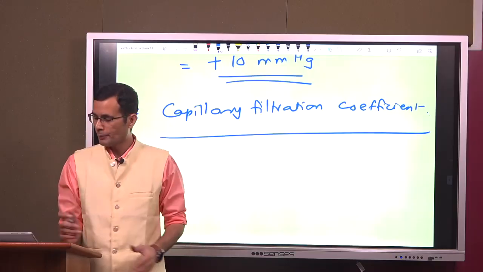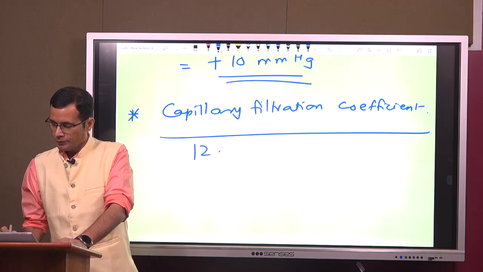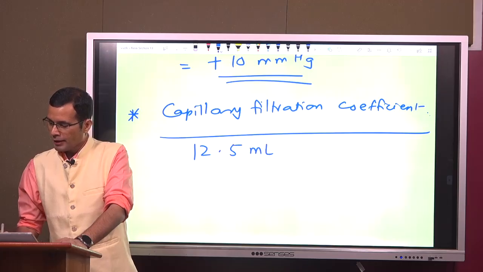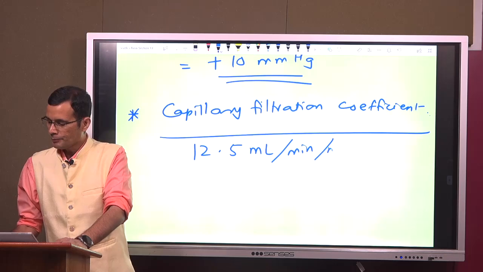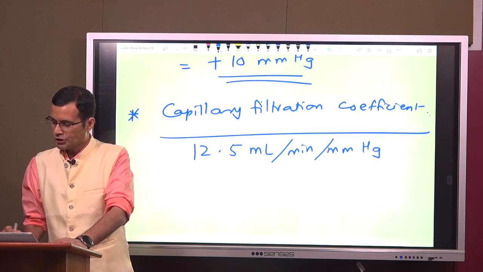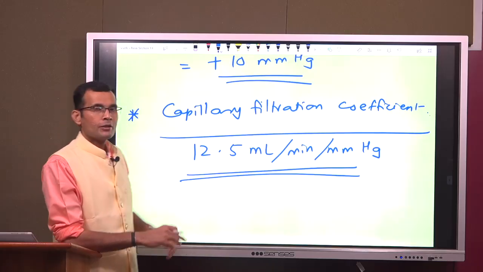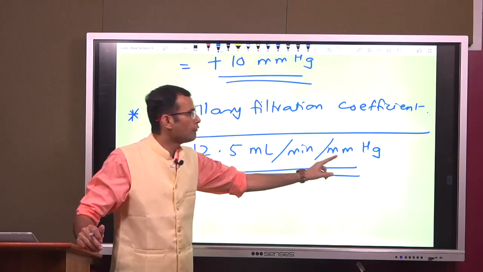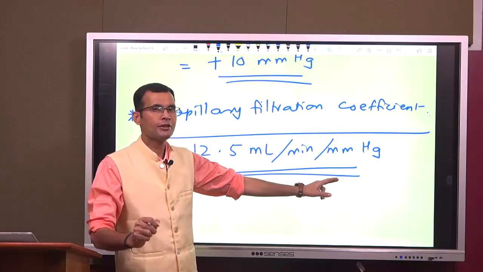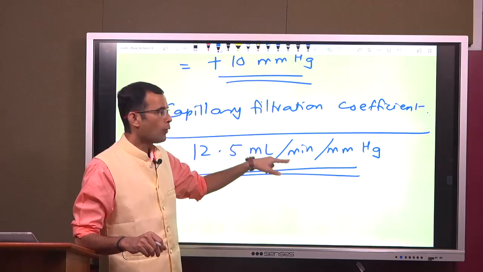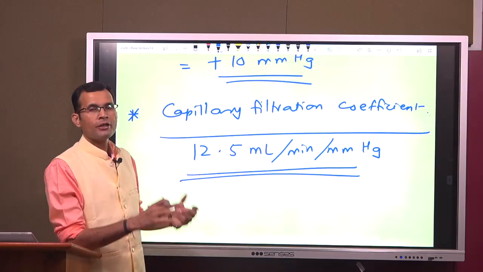It is 12.5 ml per minute per mm of Hg. Remember? That means for every 1 mm of Hg of net filtration pressure, in 1 minute 12.5 ml filtrate will be formed.